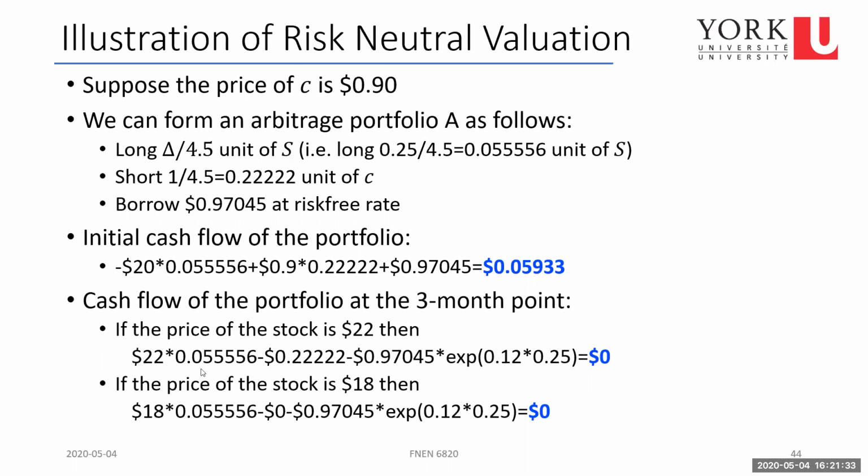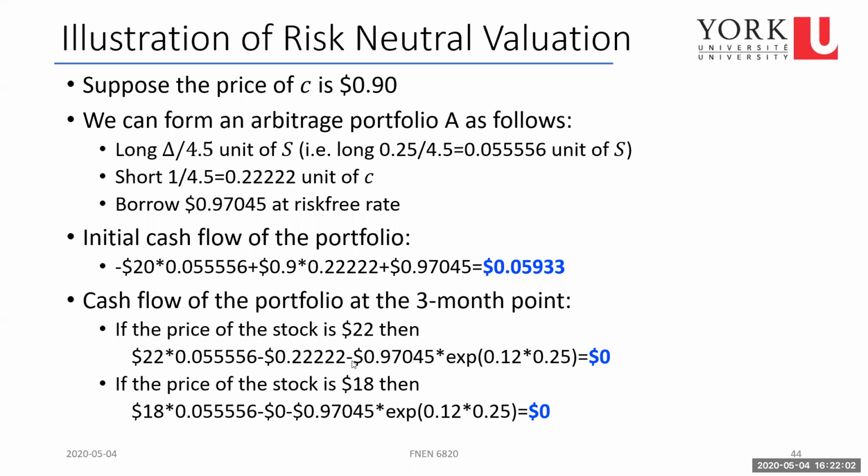This is how much of the value in the portfolio is attributed to stock holdings. And you have shorted 0.22 units of C, and each of them is worth $1. So you have a negative value of 0.22 here, and you have to pay back what you borrowed.